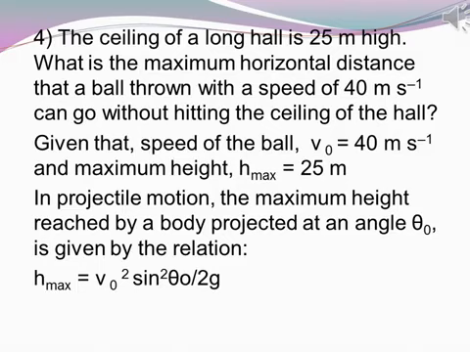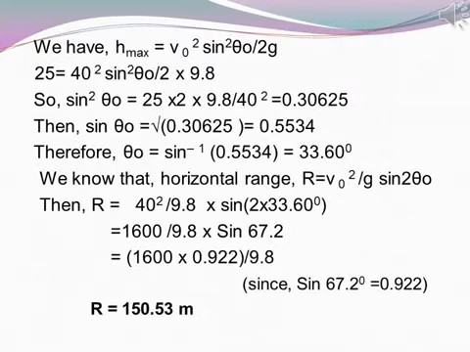In projectile motion, the maximum height reached by a body projected at an angle theta 0 is given by the relation h maximum is equal to v0 square sin square theta 0 by 2g.